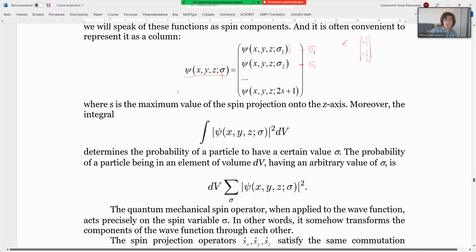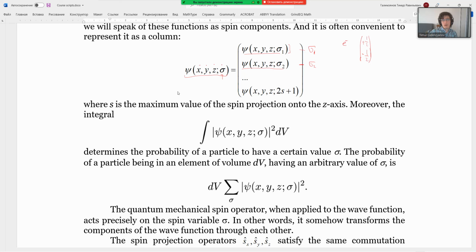Actually, each component depends on the coordinates. I said that this component gives us a probability.